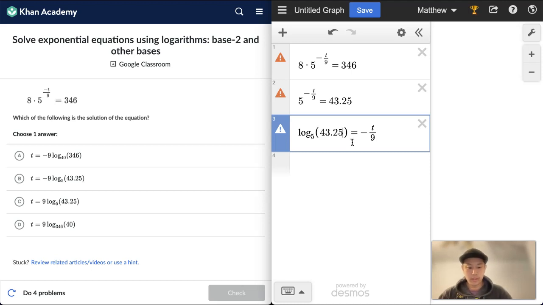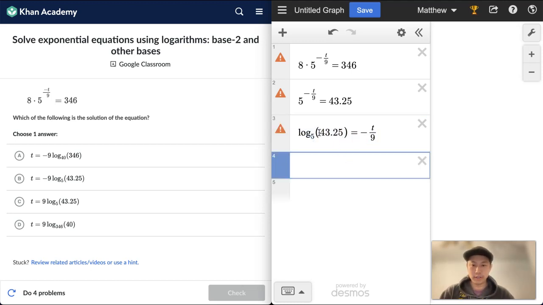Okay? So home stretch. It doesn't look nice on the left side, but we got this t expression by itself. So we just have one more step to do. We can do this in one step. We're going to multiply by a negative to get rid of this negative, and we're going to multiply by 9 to get rid of this denominator.